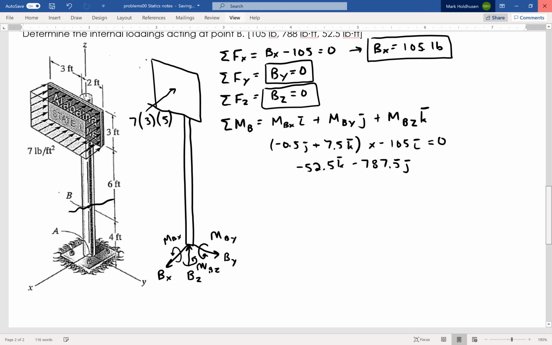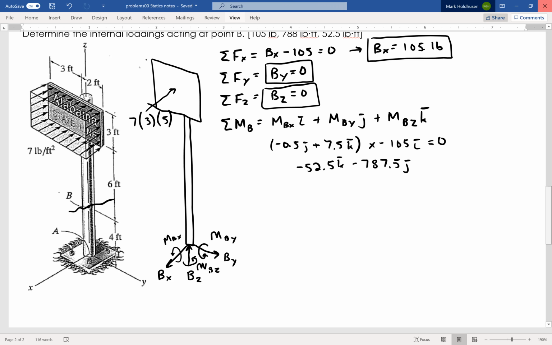Again, that's from the j cross i and the k cross i. So about the k axis, that's actually the twisting. That's the 0.5 over, twisting it around that post. The 787 is from that 7.5 feet times the 105. So that's like it trying to bend it over about the negative y axis.